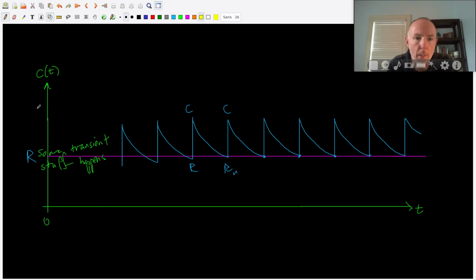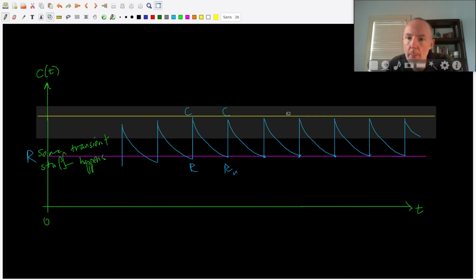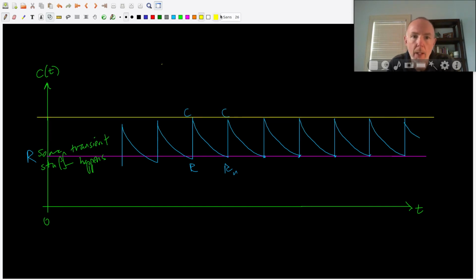And then it bounces up because we took the drug. If it bounces up, how far is it going to bounce up? Well, taking the drug creates an increase of C sub 0. So this must be R plus C sub 0. So eventually, we're just bouncing between the residual value R and R plus C0.